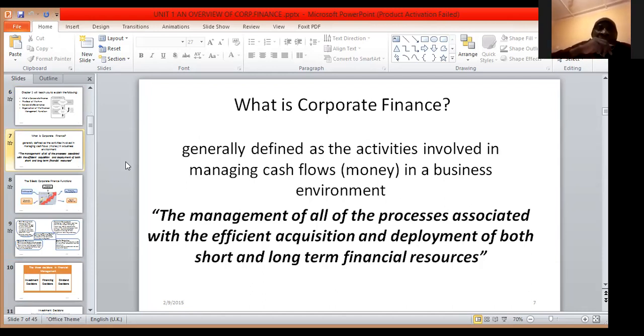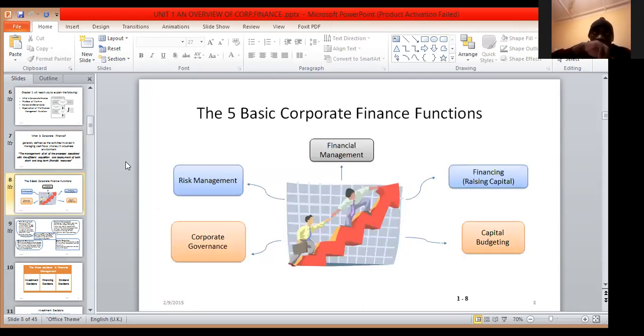It is an activity involved in managing cash flows in a business environment. As a finance manager, your job is to manage cash flow in a business environment. That is basically what financial management is.